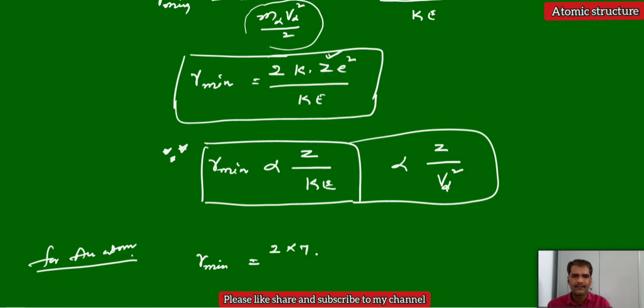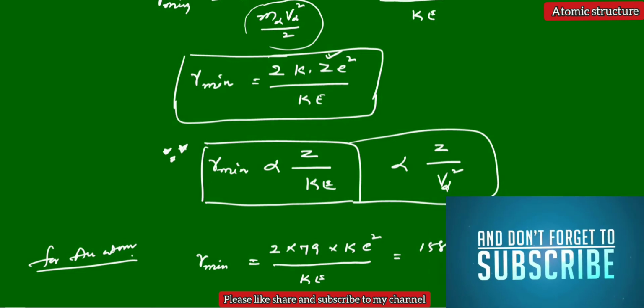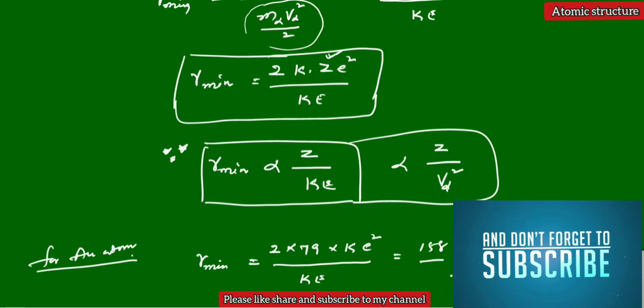So 2 into 79 into k e square by kinetic energy. Directly this part, how much is it? 158, yes, 158 k e square by kinetic energy.